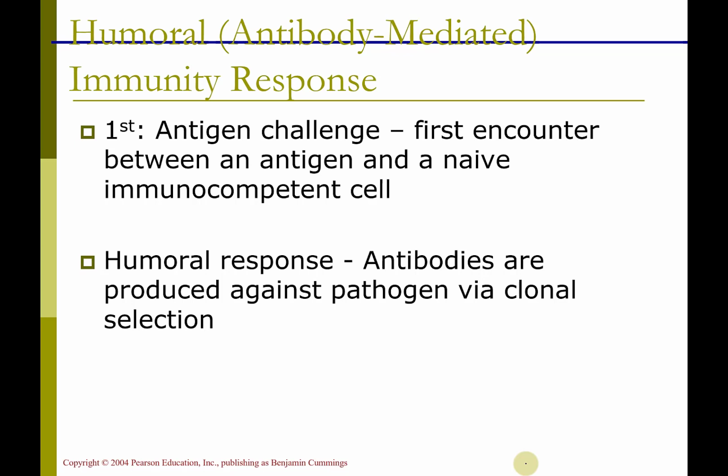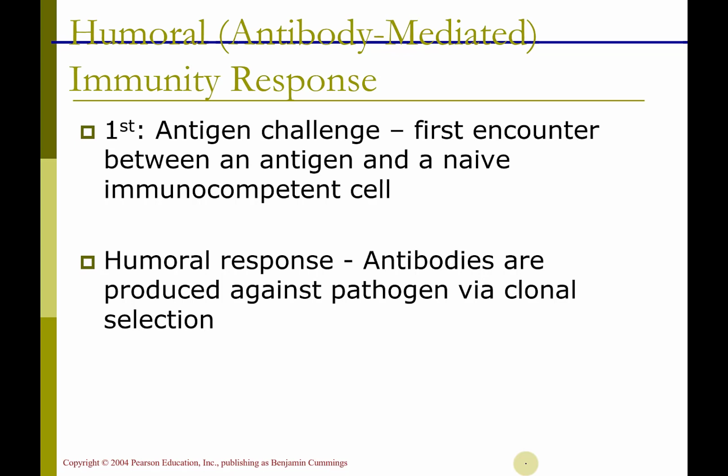And the reason they do that is they're just proteins in the plasma, so they can't get at pathogens that are inside a cell. They can only attack things that are outside the cell, which are things like bacteria, toxins, and free viruses. Their mechanism of action is to inactivate pathogens and mark them for destruction by other parts of the immune system.